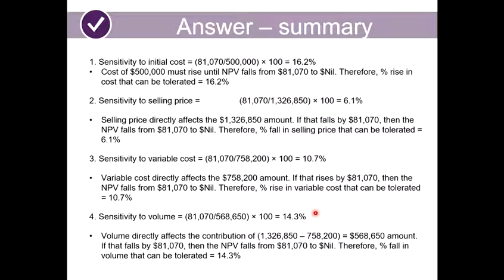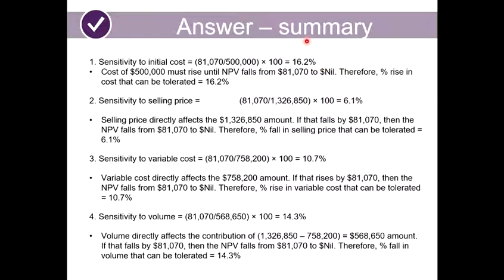So apa dia punya meaning of the percentage is, okay, tengok sini. Cost of $500 must rise until NPV falls from 81,070 sampailah 0 to nil. Therefore, percentage rise in cost that can be tolerated equal to 16.2%. Ini initial investment kita, ini ialah NPV.